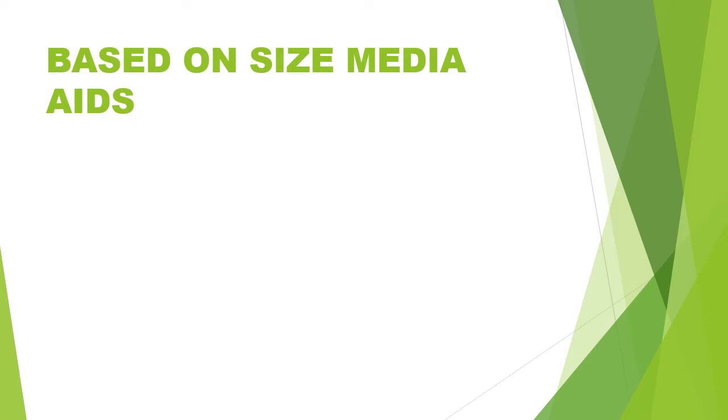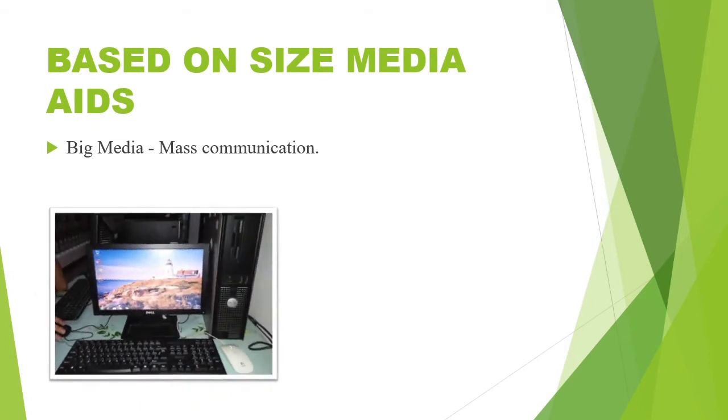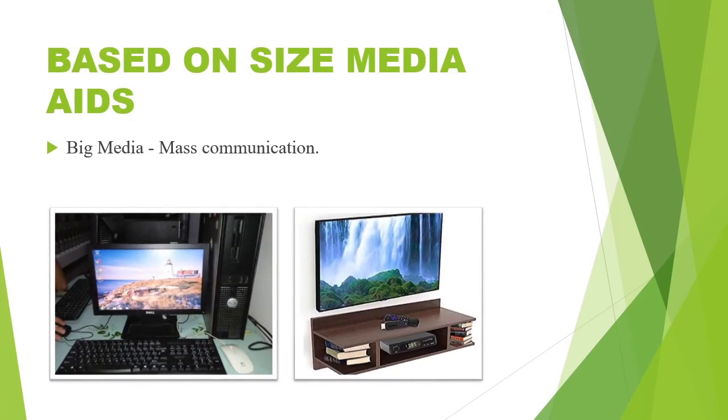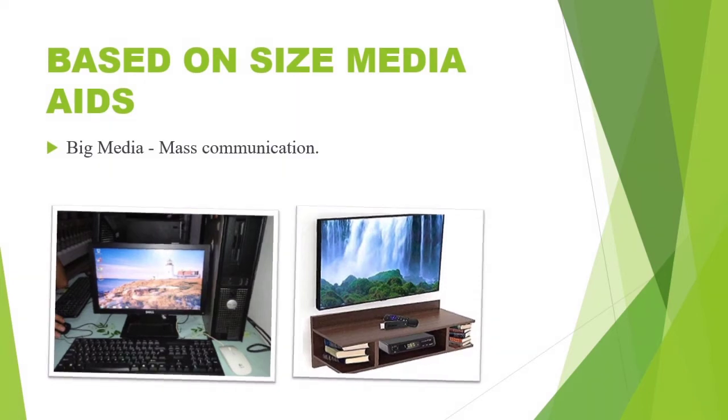Now, let's move on to based on size media aids. There are two types. First, we have the big media, which has mass communication, which basically means it has a larger audience. For example, the teachers or the host may use computers or television because this type of tool can accommodate a wide spectrum of audiences and can link to them in no time.